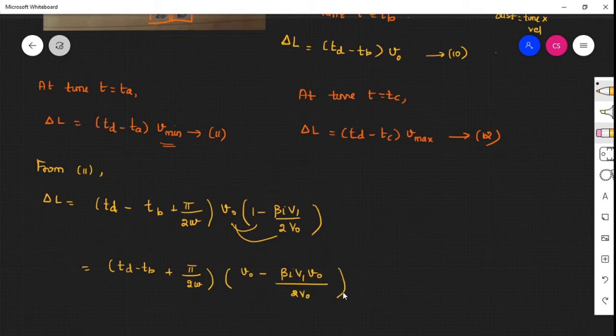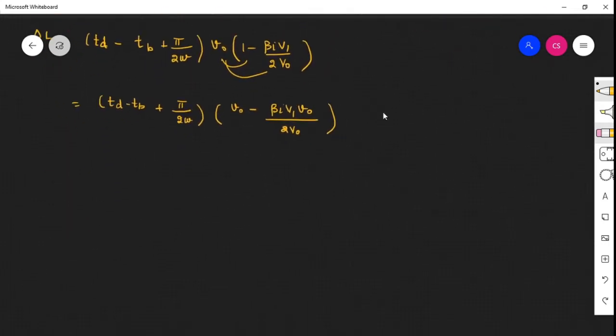Now we will perform multiplication for every term. So we are going to multiply TD minus TB with these two terms and pi by 2 omega with these two terms.